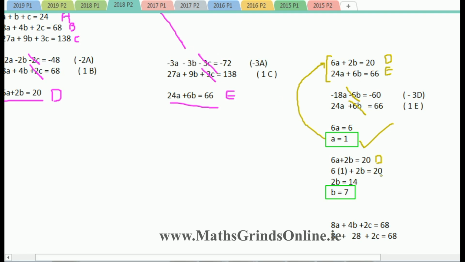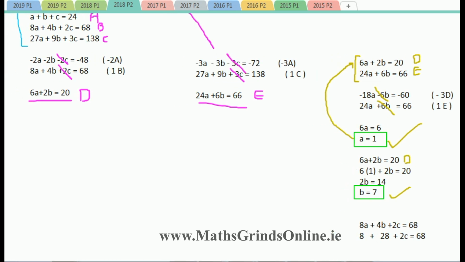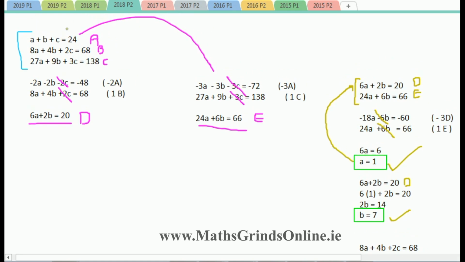So 2b is equal to 20, this goes across and becomes -6. 20 take 6 is 14. So 2b is equal to 14. b is equal to 7. And now we know what a is, and now we know what b is, so we can sub back in to either equation A, B, or C over here on the left hand side to work out c.